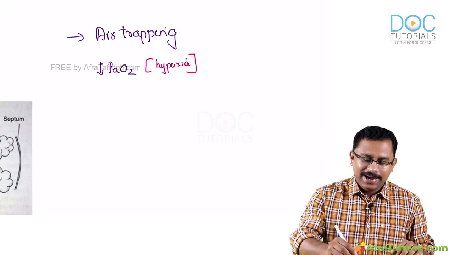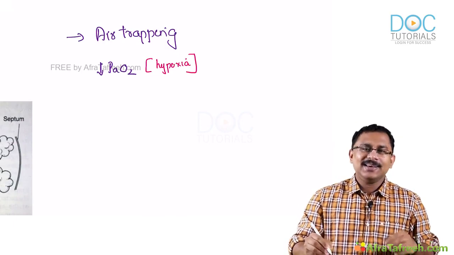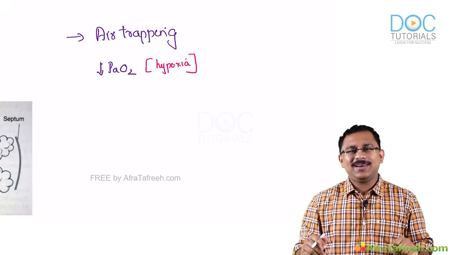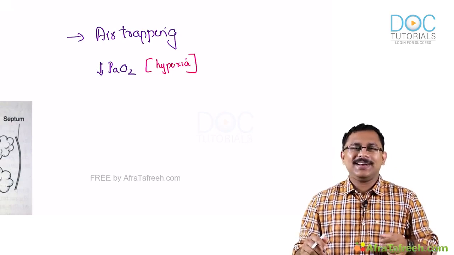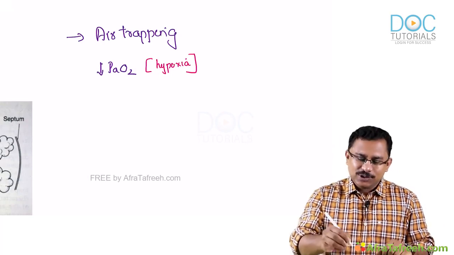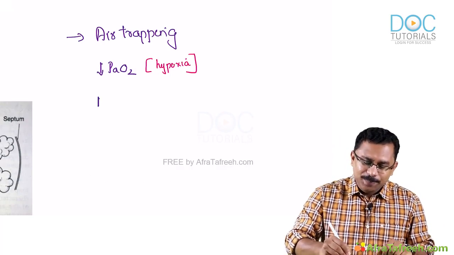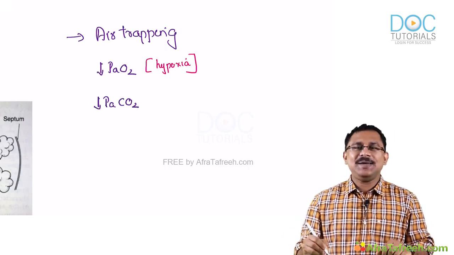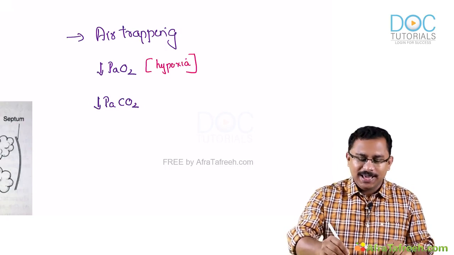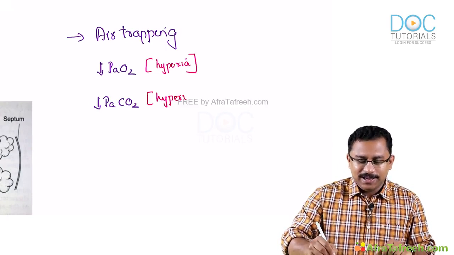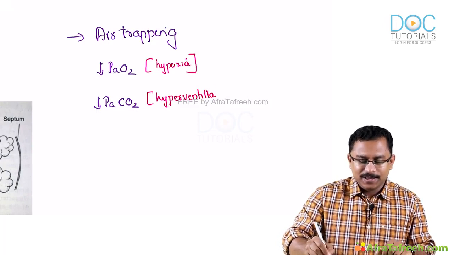There will be hyperventilation, correct? Now when there is hyperventilation, what about the carbon dioxide? There will be a washout of carbon dioxide, correct? So what will happen to the PaCO2? There will be a decrease in the PaCO2 because of the hyperventilation.